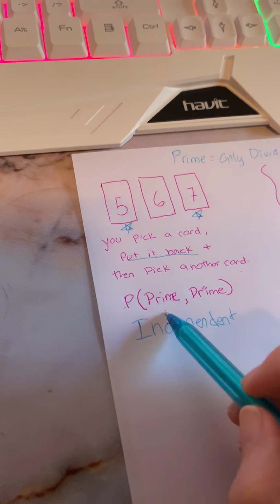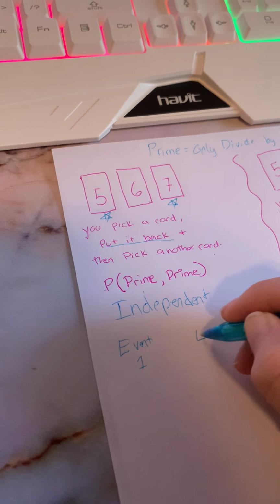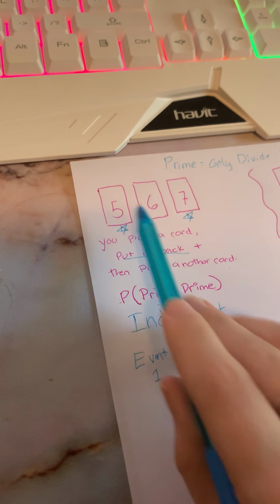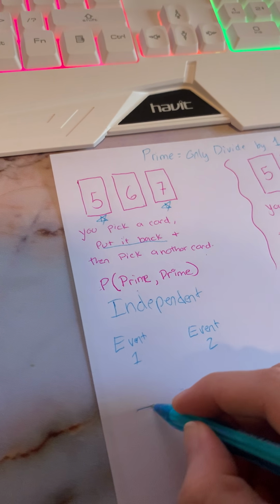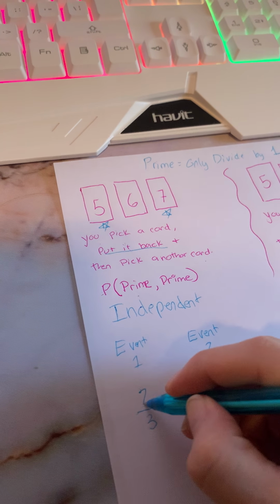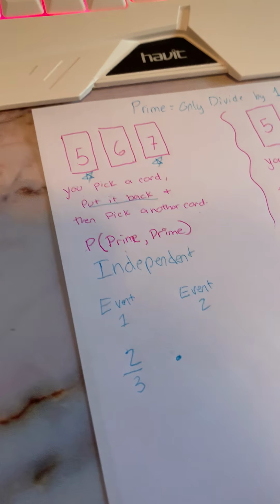So for the first one, we're always going to do 2 events, event 1 and event 2. So in the first event, I'm picking out of 3 cards, and there's 2 prime numbers, so there's 2 options out of those 3 cards. All right? So I pick my card out, I put it back.